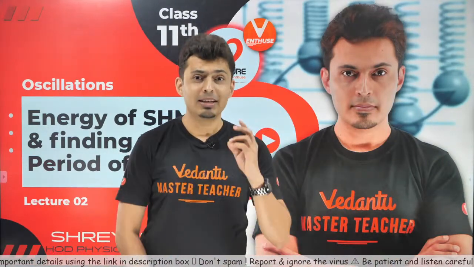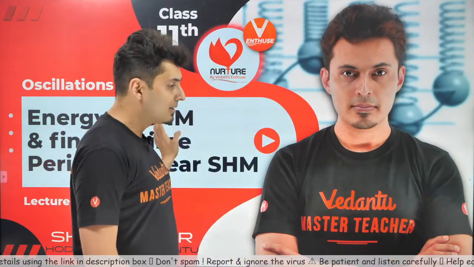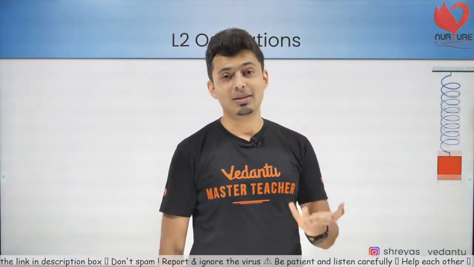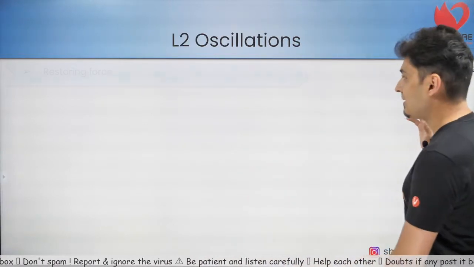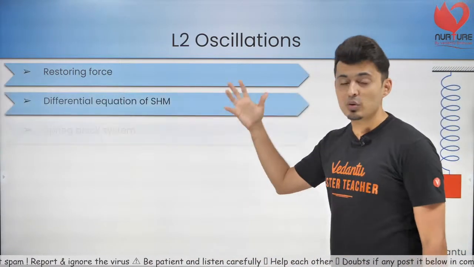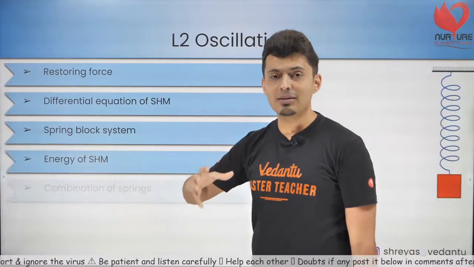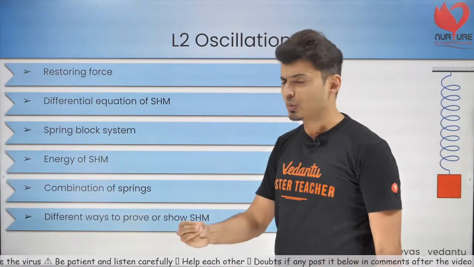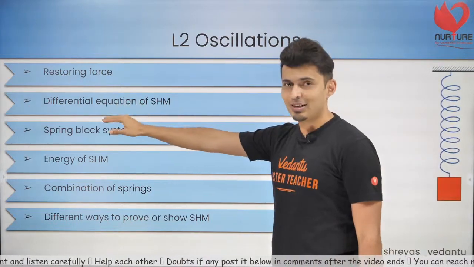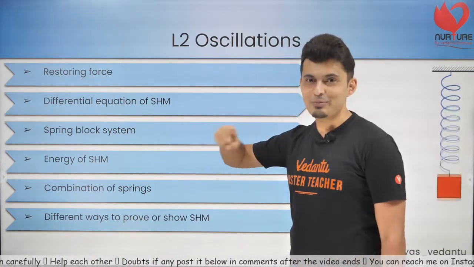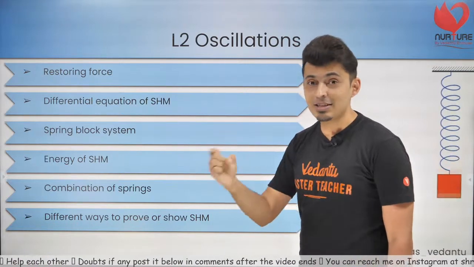So welcome aboard. This is lecture number 2 of simple harmonic motion, or just you can say oscillations. And what are we going to do in today's class? We are going to see restoring forces and what effect they play in simple harmonic motion. Then we are going to see the differential equation of simple harmonic motion, a very interesting thing. And then we'll go to the spring mass systems. Then we'll go to the energy in SHM.